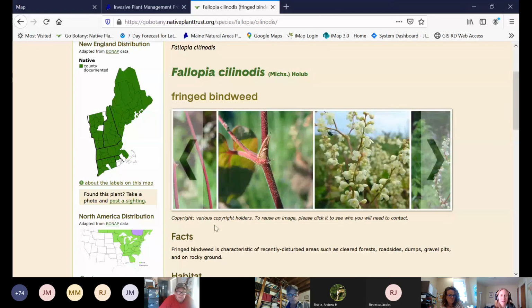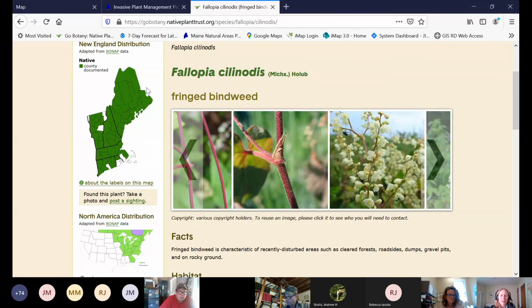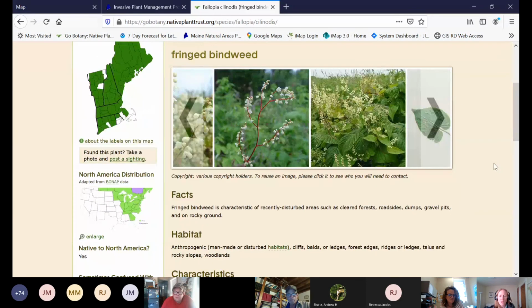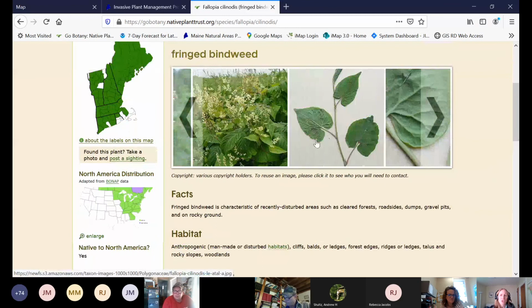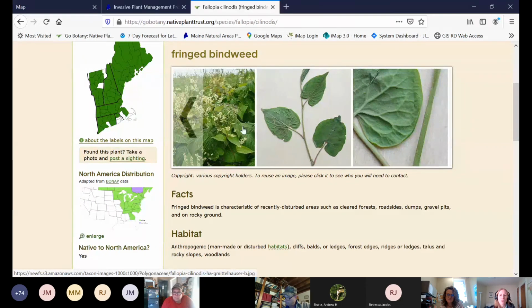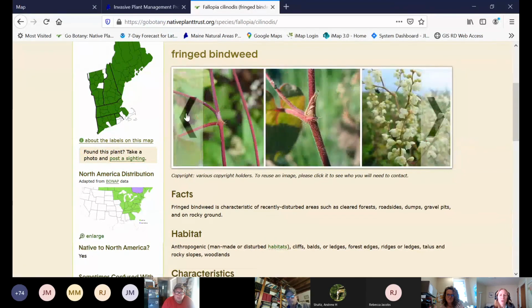This is a native plant. You see this green color on the Go Botany map, but it is a vine, and it has a triangular-shaped leaf. It tends to have a little more of a heart-shaped base, as have several plants that we've mentioned today, but it can grow aggressively and be abundant.